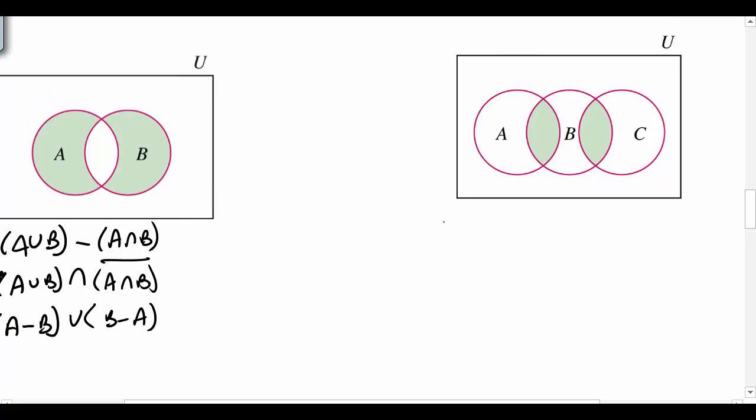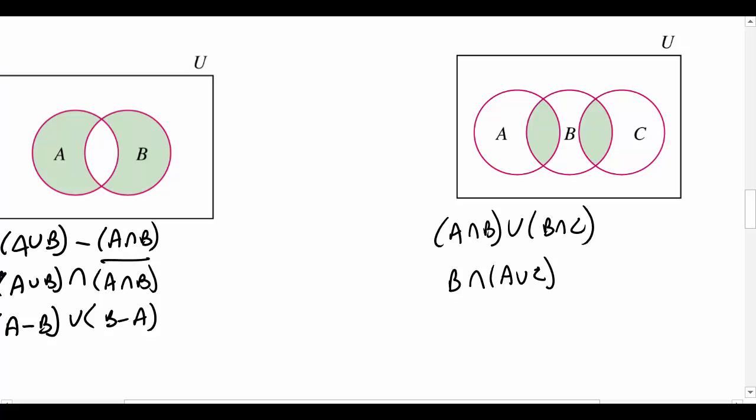I could say, look at the intersection of A and B and union that with the intersection of B and C. Or I could say it's the stuff in B that also overlaps with A or C. So again, there's multiple ways that we can communicate that.